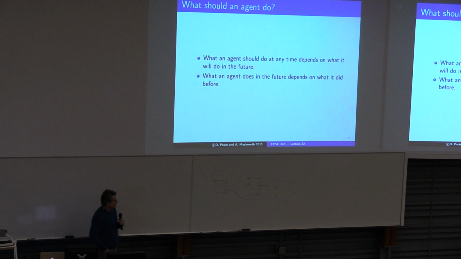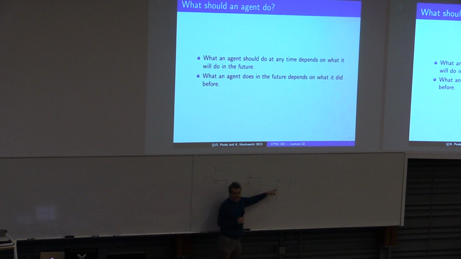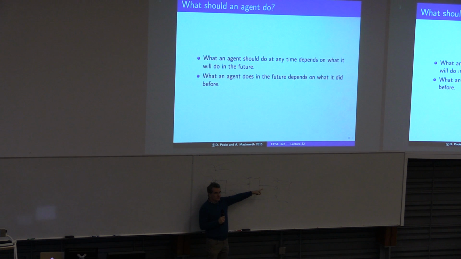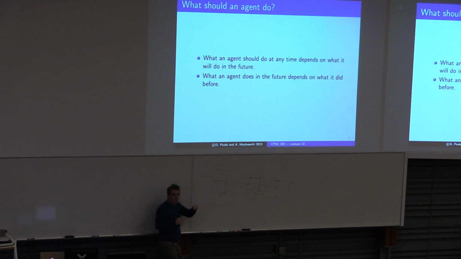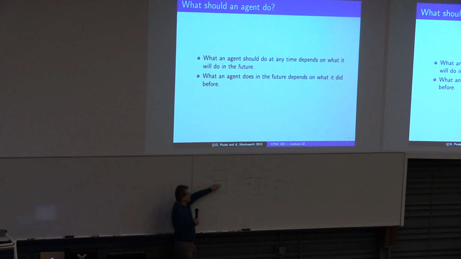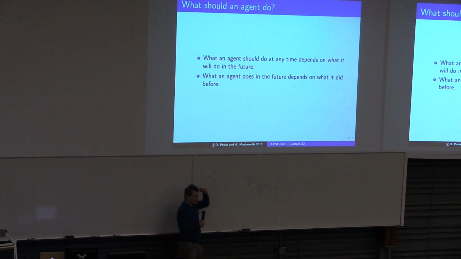So what should an agent do? What we're going to try to do is work out what to do at all of these stages. What the agent should do at any time now depends on what it's going to do in the future. What you do today depends on what you're going to do in the future. The reason you're going to pay attention today is because in the future you're going to write an exam and do something else.